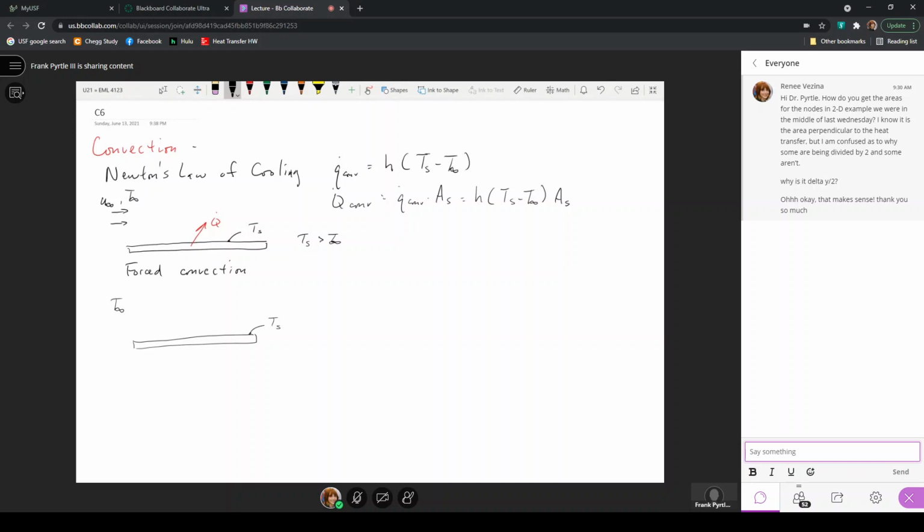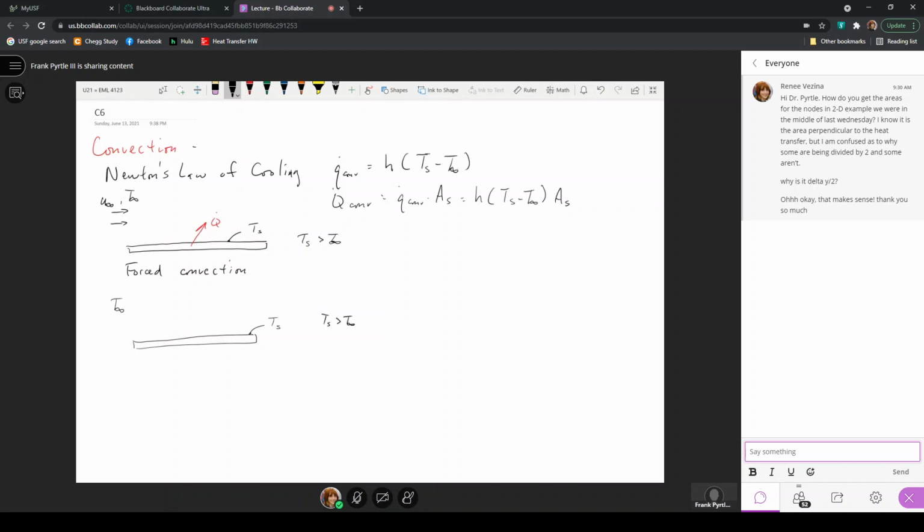Ts is still greater than T infinity, and what happens here is that the air or the fluid right next to the surface would still receive heat by conduction because of that no-slip condition. We have molecules in contact with the surface. If those molecules become a higher temperature, Ts, than the rest of the fluid at T infinity, we have buoyancy forces that are taken into account.